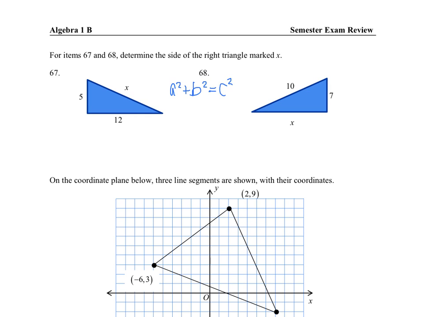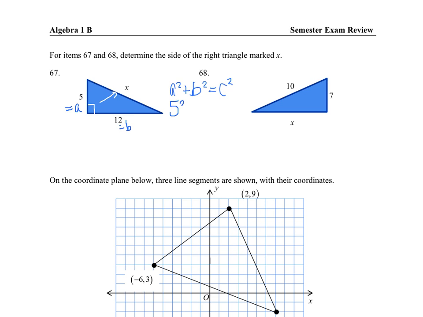Our hypotenuse is always the side opposite the right angle. So if this is our right angle, this is always the hypotenuse. It doesn't matter which one's a and which one's b.